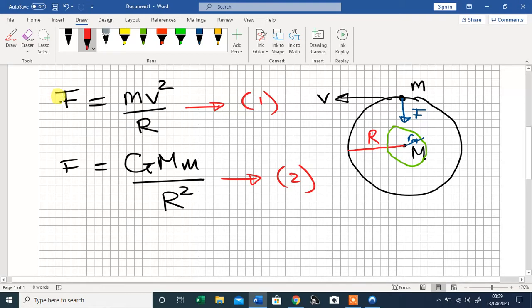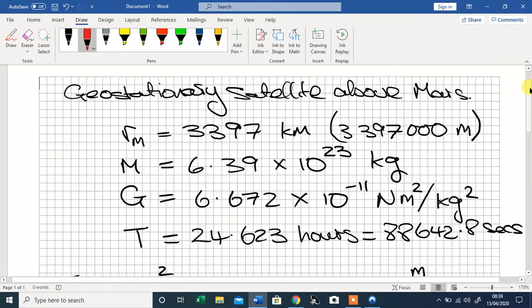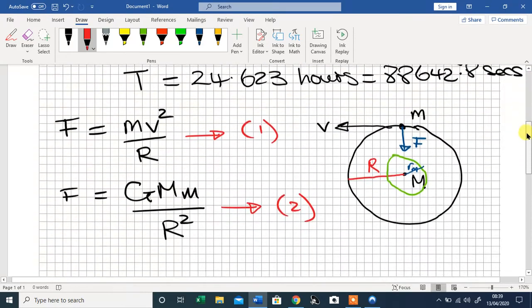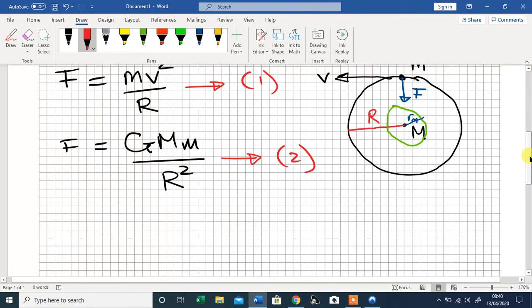Now, because we're talking about a geostationary satellite here, which always assumes the same position over the same point on the planet, we can equate these two forces, equation 1 and equation 2.